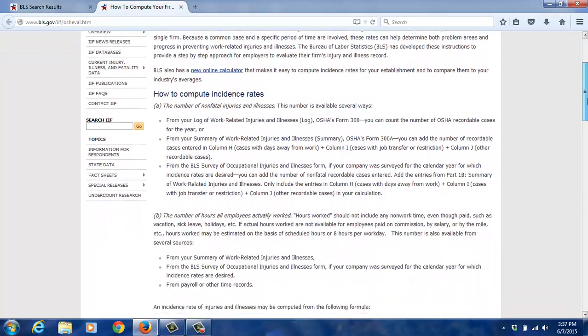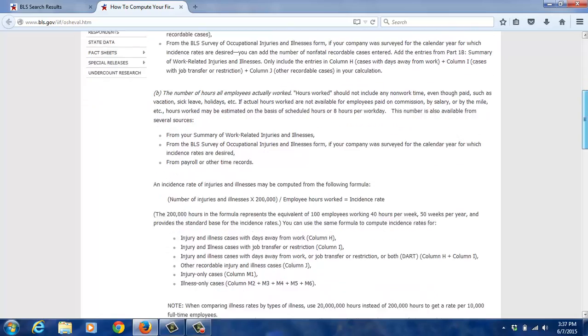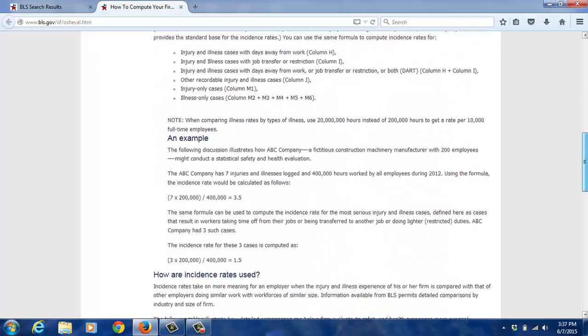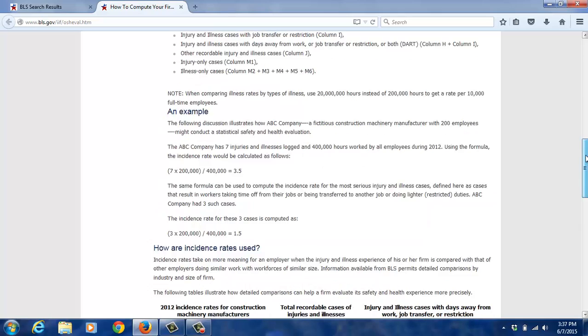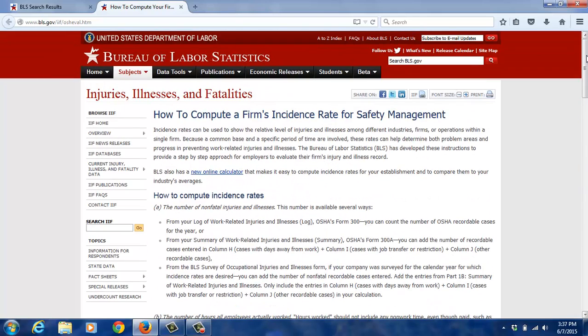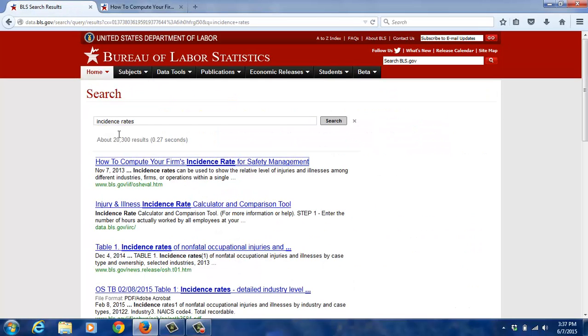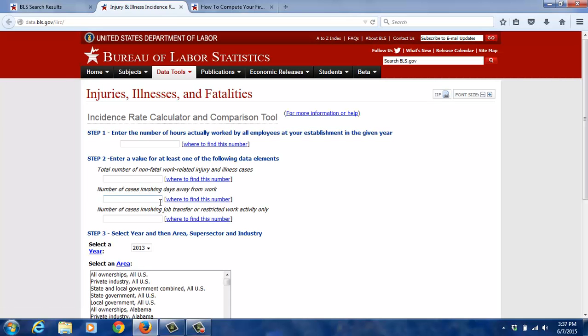It gives you more information about incidence rates, and you're going to want to read this now and when we talk about OSHA record keeping, because this is really good. BLS publishes it. OSHA really just talks about it, but they don't give you the data that you can play with. And then we've got the calculator, which you might want to play with. Come on up, calculator, so I can show it to my class. Thank you. So you enter in the number of hours worked, because that's what you put in the denominator.